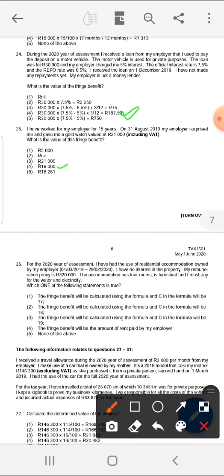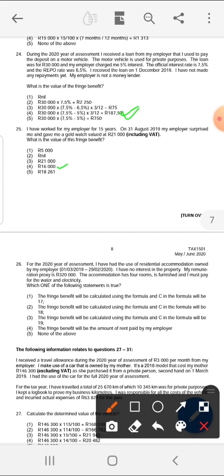The fringe benefit will be calculated using a formula, and the formula will be in 17. No, formula 17 will be used if the rooms are not 4 rooms and there is no water and electricity. And then 18 will be used when it is at least 4 rooms, but the house is either furnished or has water and electricity.